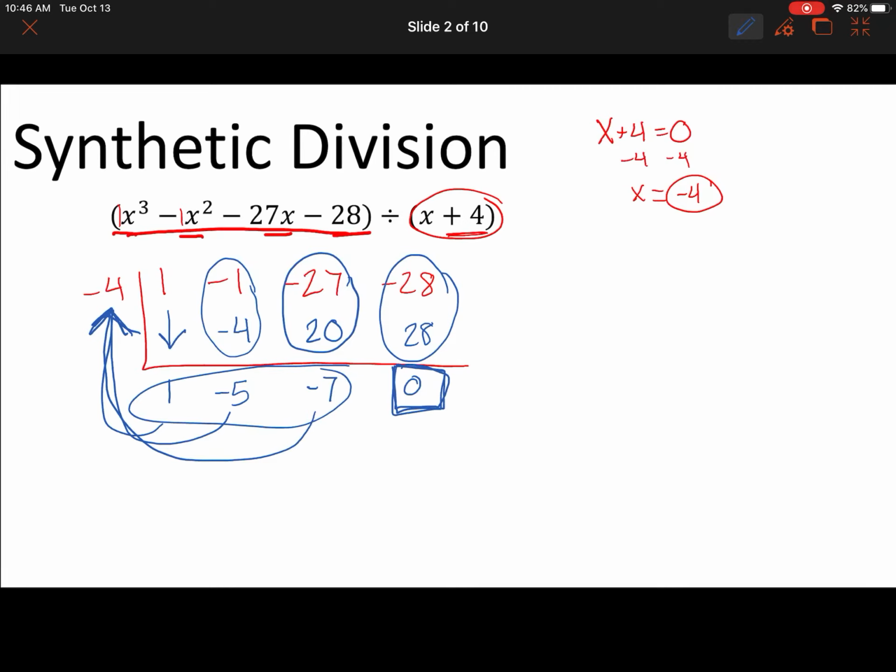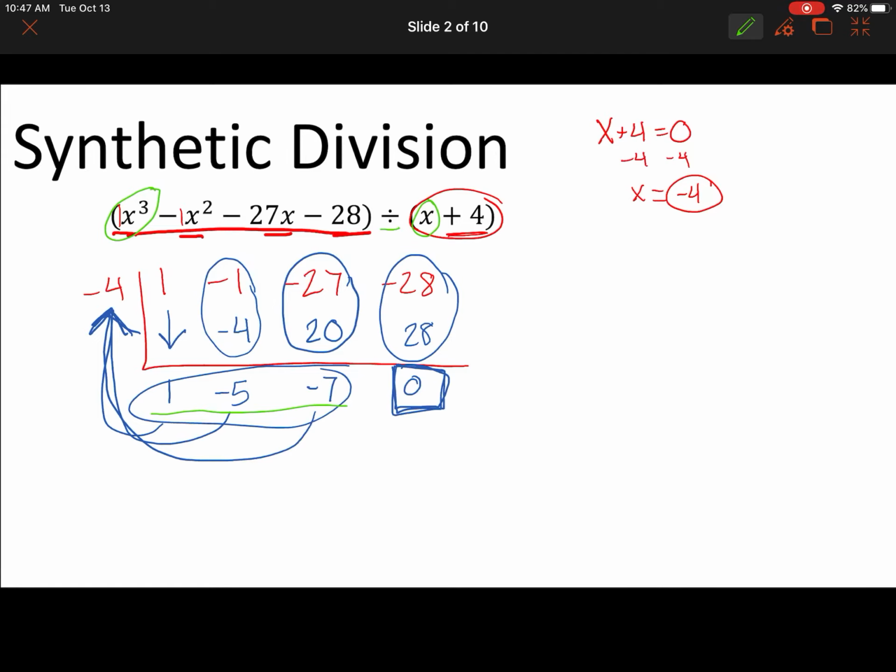These numbers next door, just those three that I found underneath, are the coefficients of my new answer. So writing out my answer now, I'm going to be using these coefficients, but then I have to use the right variable. My original variable was x to the third, but I'm dividing by x.